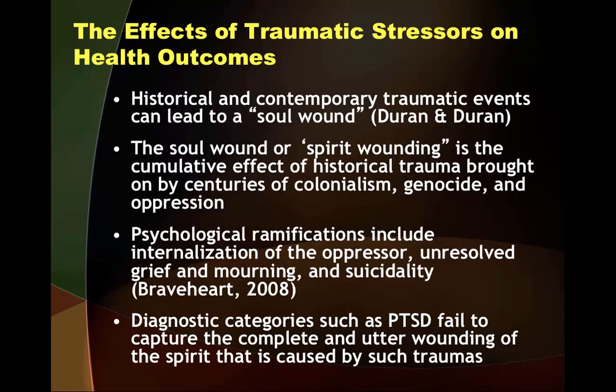Diagnostic categories of PTSD often fail to capture the complete and utter wounding of the spirit that is caused by such traumas. Our current day diagnostic criteria for PTSD really looks at events that have occurred in the recent past in people's lives, but doesn't look at it from the historical trauma that gets passed down to generations.